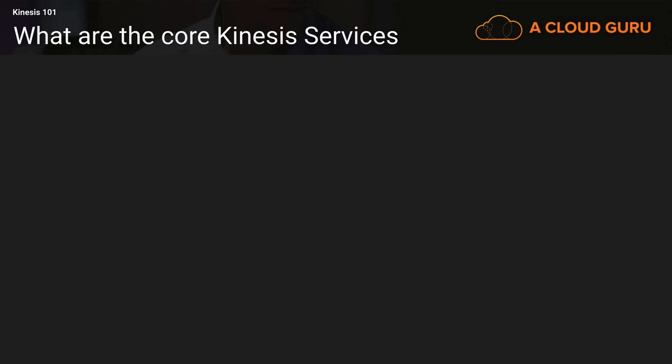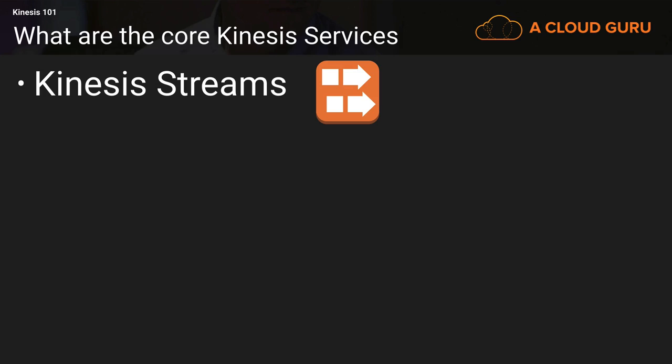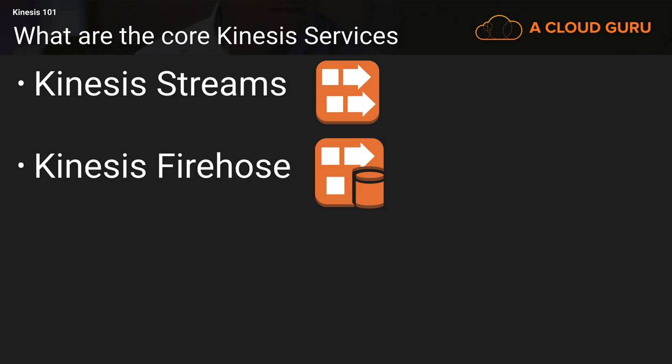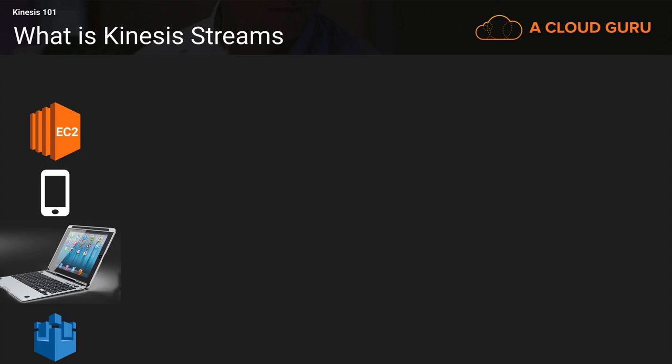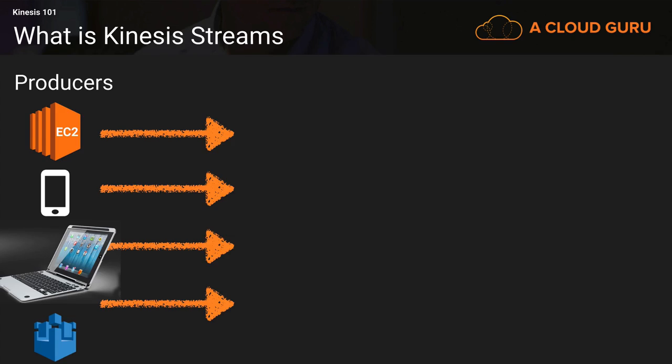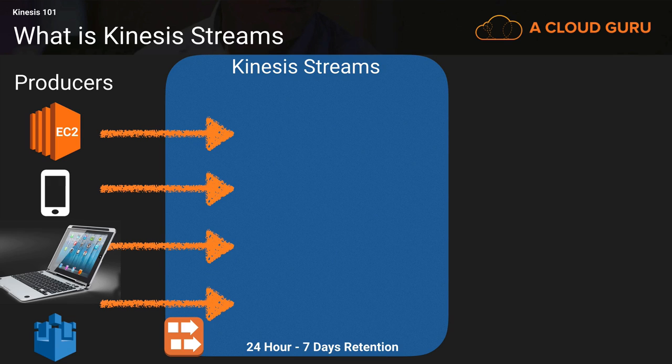And then finally, to wrap this section up, you need to understand the core Kinesis services. So we have Kinesis Streams, we have Kinesis Firehose, and we have Kinesis Analytics. So what is Kinesis Streams? Well, we've got our data producers. So these are things like EC2 instances, our mobile phones, our laptops, could be IoT. They're sending a whole bunch of data to our Kinesis Streams.